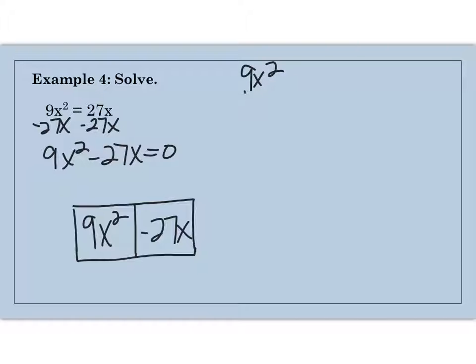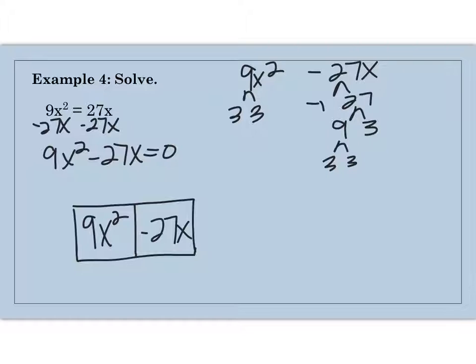So 9x squared, I can split up into 3 times 3. Negative 27x, we can split up into negative 1 times 27. 27 is 9 times 3, and the 9 is 3 times 3. So now when you write out the prime factorizations, you can see what they have in common.